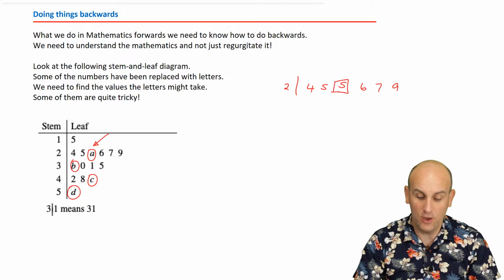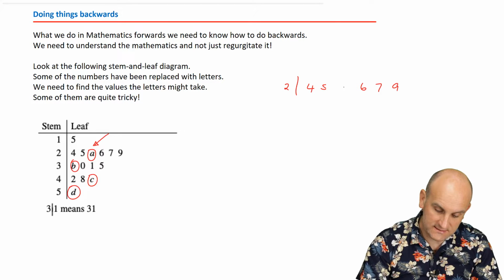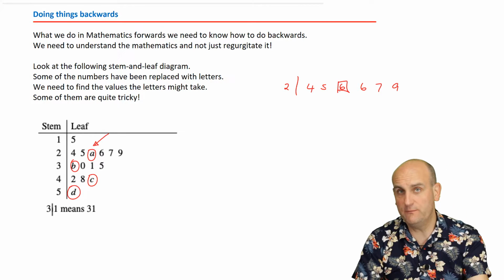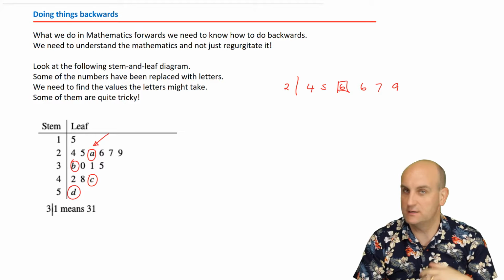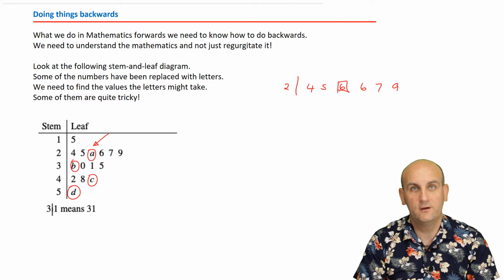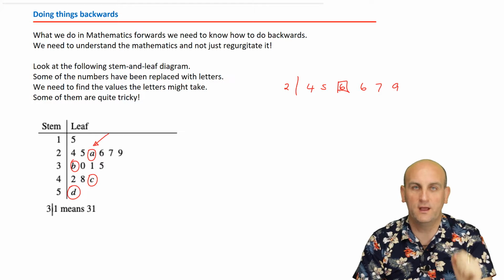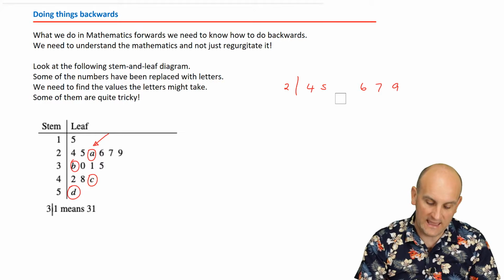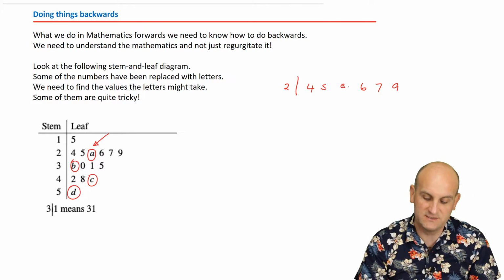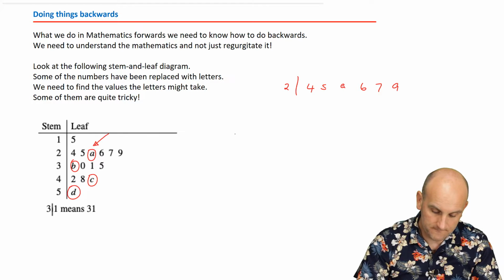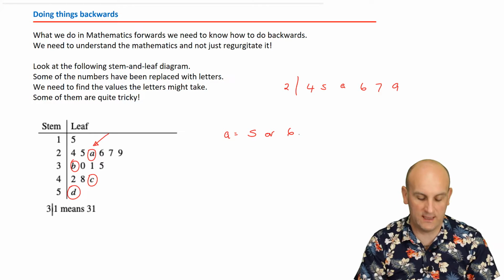So that's my A. Or we could have written that as a 6. It couldn't have been a 7. It couldn't have been an 8. It couldn't have been a 3. Why not? Because these have been written in order. And so the number A has to be either 5 or 6. So there are two answers for what A could be.